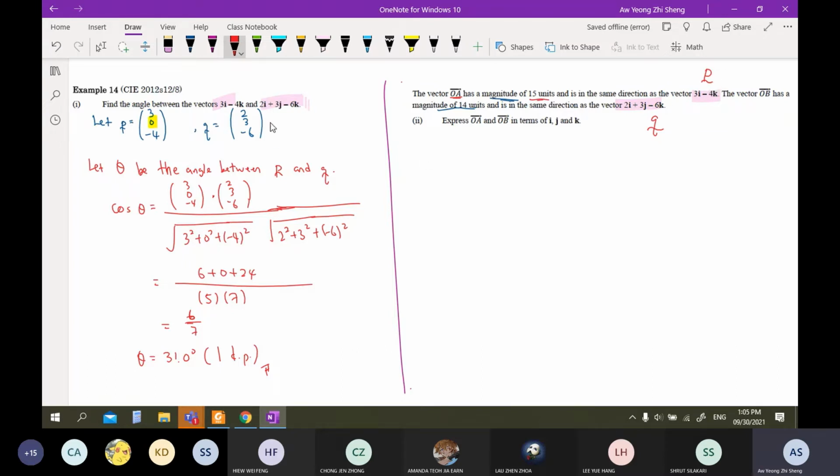Okay, so the length of P, earlier we know it was 5 from our computation earlier. And so it's possible to do this in a very quick way, because earlier we have already computed the length of vector P. So we can say from working in 1, we have length of vector P is actually 5, length of vector Q is actually 7.